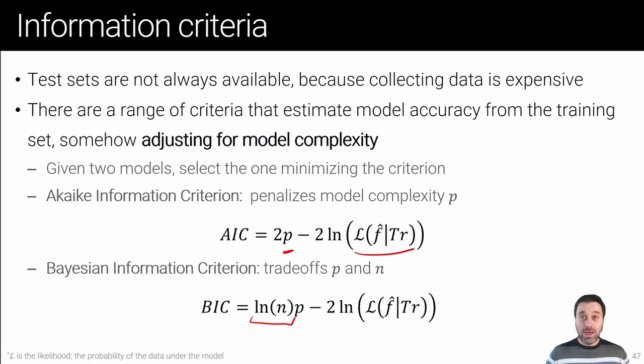So regardless of whether we have test data or not, we could always look into general statistics like AIC and BIC that one way or another try to adjust for the complexity of the model. If we have a model that is overfitted, yes, it will have a very high likelihood, which would lead to a very low AIC, but it would have a very high P. So still the AIC score will be high, and this would not be a good model compared to something that is simpler.